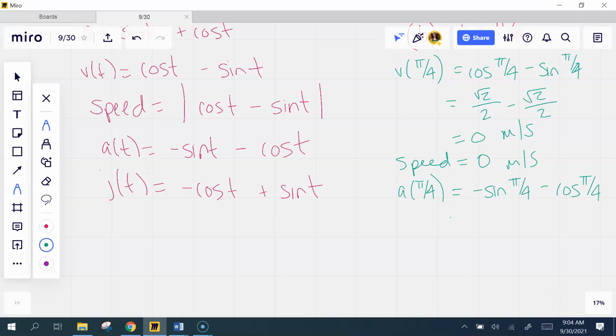Well, if there's no velocity, how could there be acceleration? What's the sine of pi over 4? Meters per second squared.